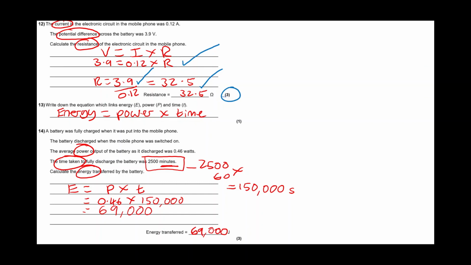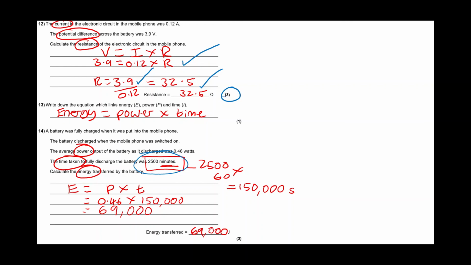Okay. The next one is just writing out an equation as it appears in the equation sheet, and then again, this last one on this page here, question 14, is just putting numbers into that equation. There is a conversion. If you did not notice that you needed to convert minutes into seconds, then you would get 2 out of 3 if you showed your workings.